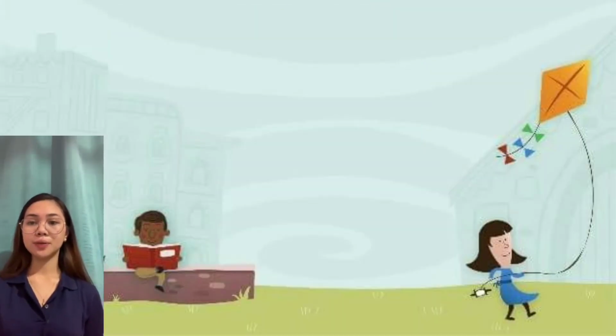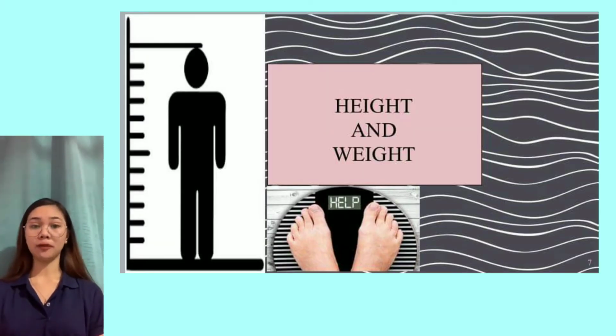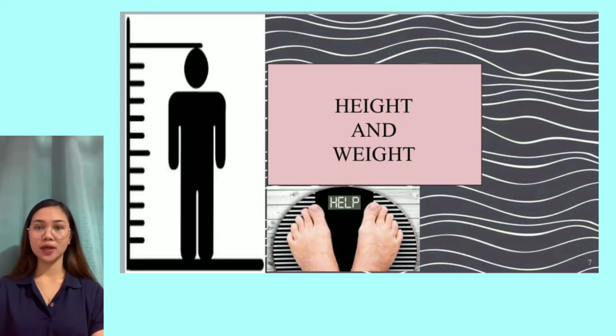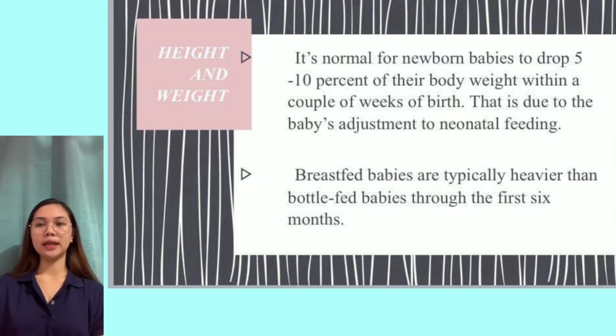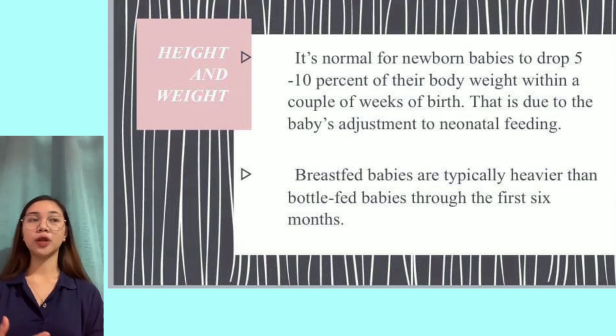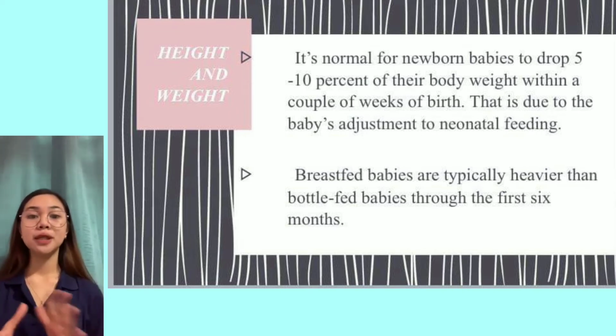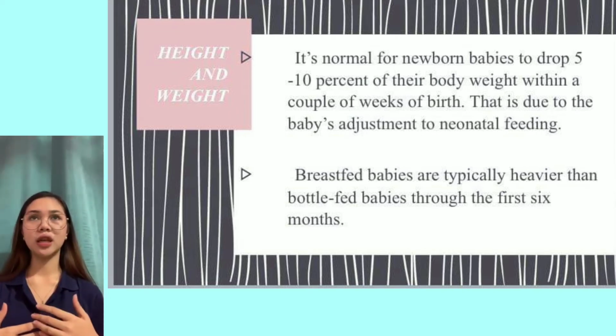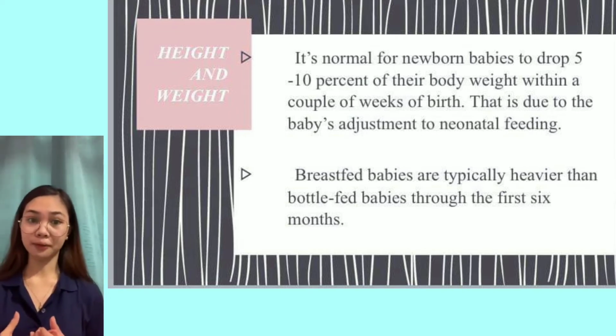So let's proceed to the height and weight of the infant and the toddler. It is actually normal for newborn babies to drop 5 to 10% of their body weight within a couple of weeks of birth.